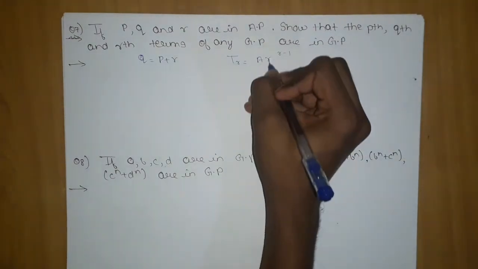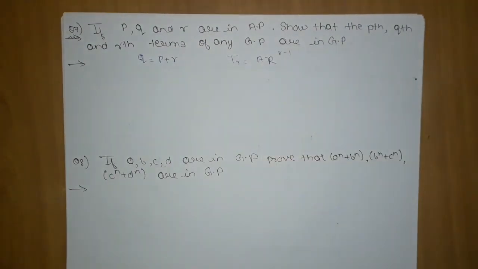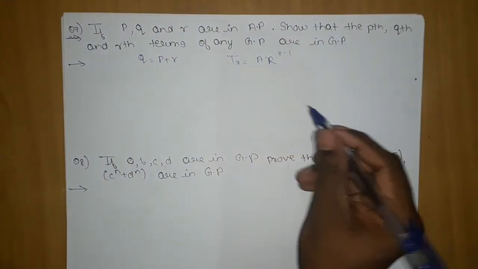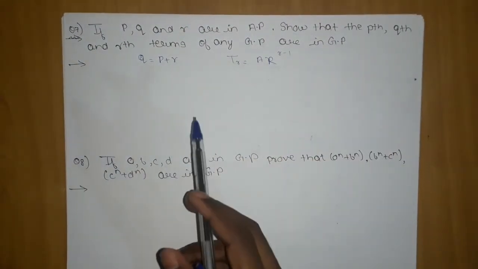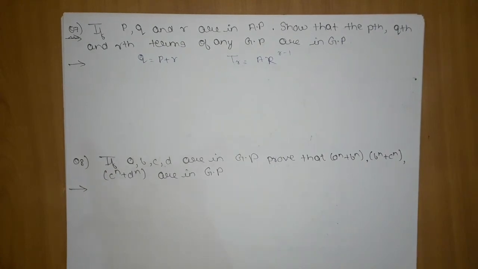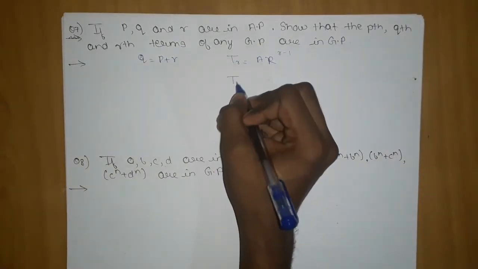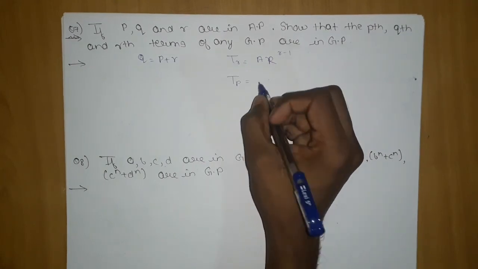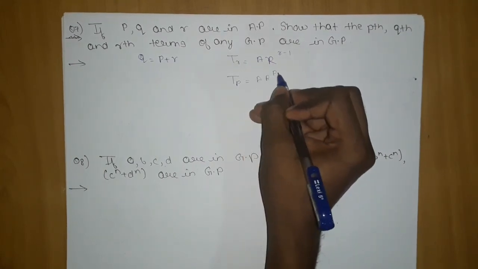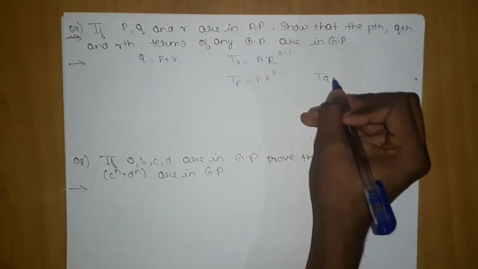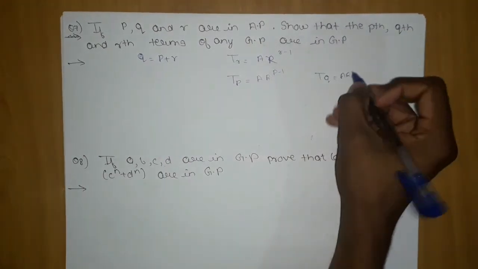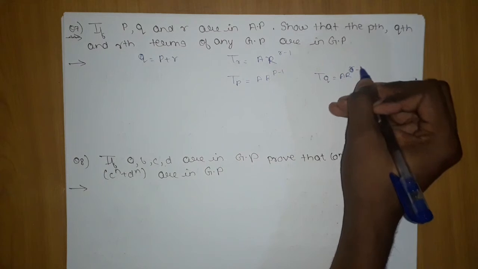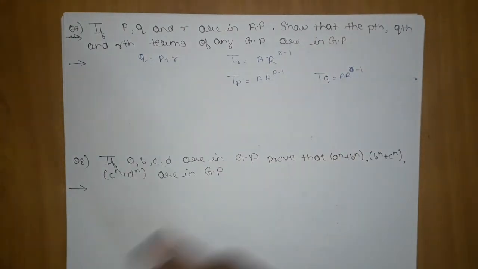Let me take it as capital R. So this is the thing. Now P, Q and R are in AP, show that the Pth, Qth and Rth terms of any GP are in GP. So similarly we can write TP is nothing but A into R power P minus 1, and TQ is nothing but A R power Q minus 1. We have done that.